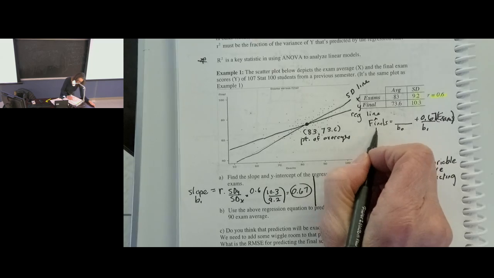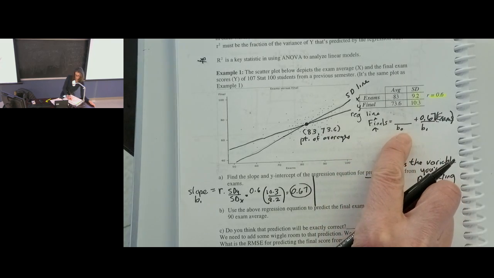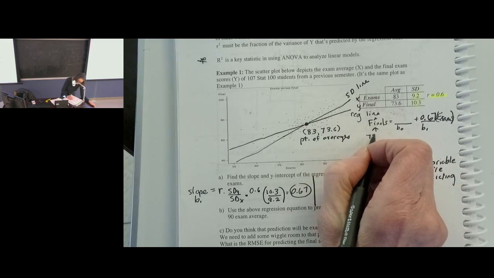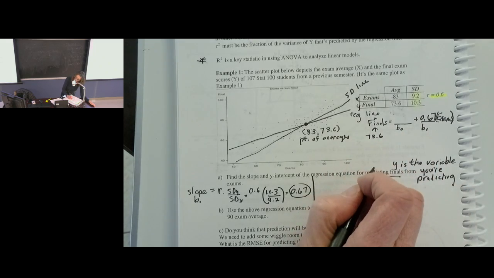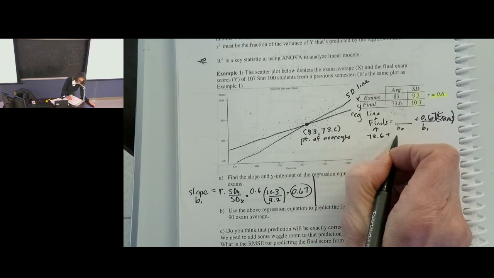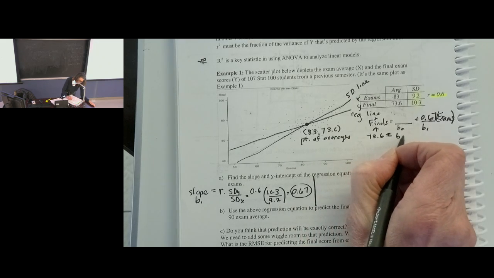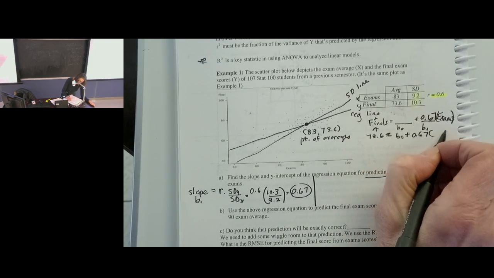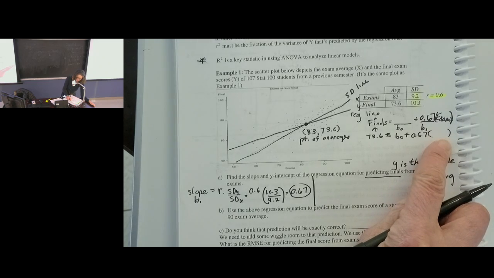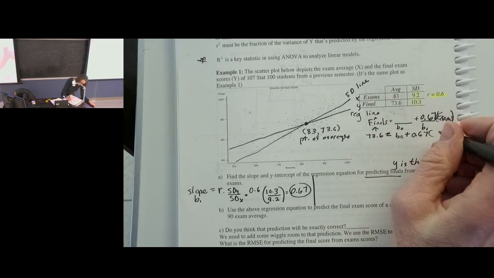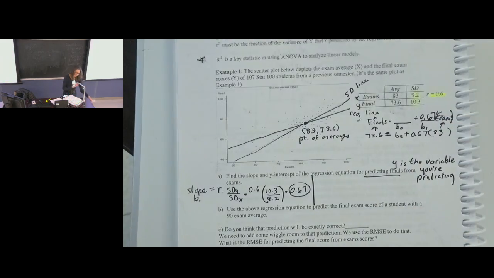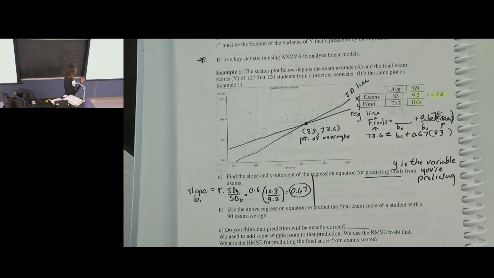For finals, we plug in the average final, 73.6, equals the intercept we're trying to solve for, plus 0.67 times, what are we going to plug in here? The average for the exam is 83, right? So average exam, 83. And then we just solve for it.